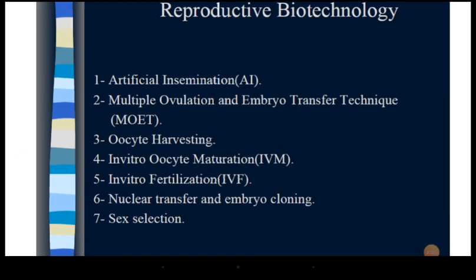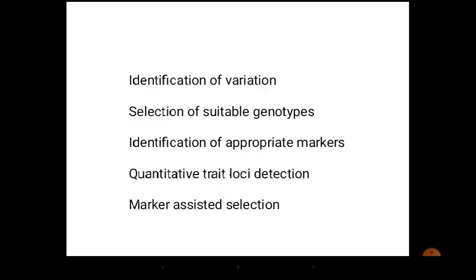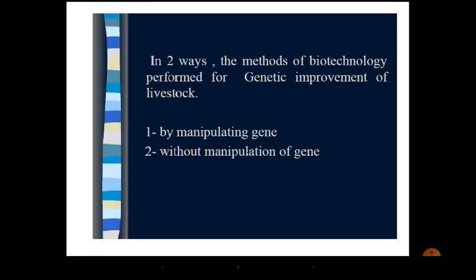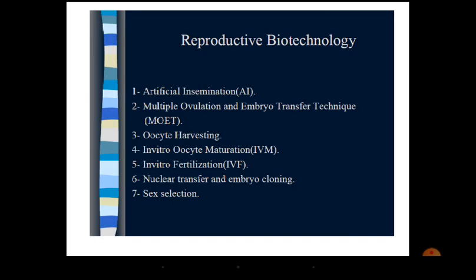Okay, I think we have got to the reproductive section. In the reproductive section, biotechnology, I think you can just go to the first slide I told. Now the second option is without manipulation of the genes. All the points I just told will be additional interventions required for normal selection and breeding of the individuals.